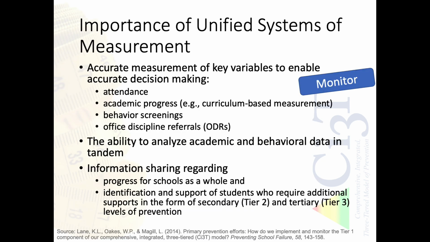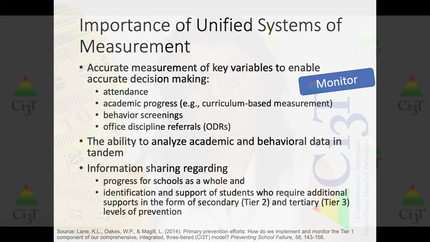We're going to use those data to connect kids to additional supports that, if implemented with fidelity, are likely to yield that desired change for them, whether it's an increase in reading, improved social skills, improving social interactions, or minimizing disruptions.